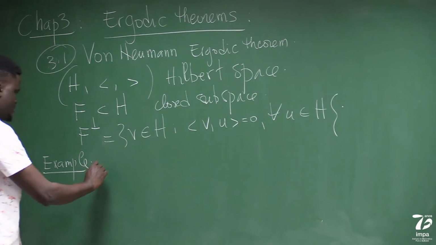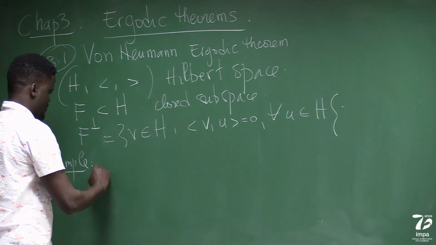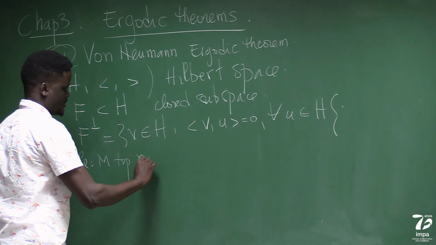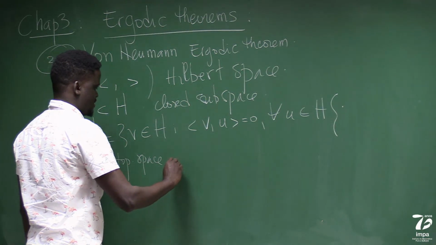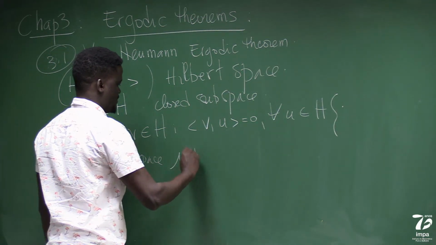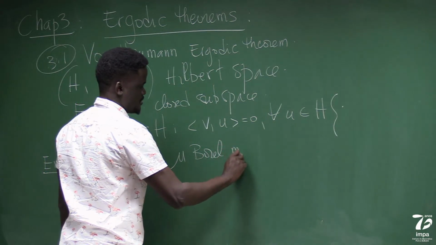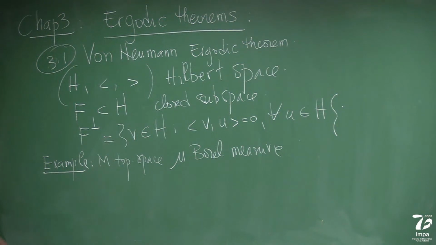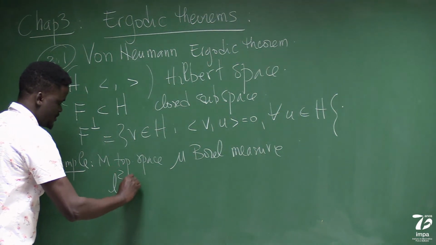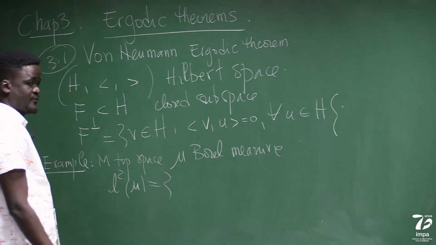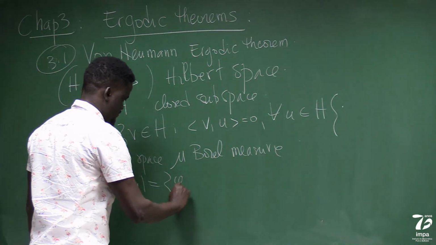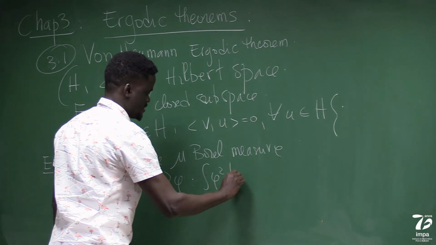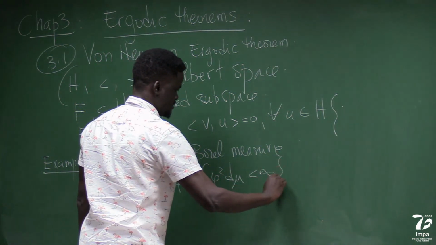The L2 space. So we have M, a topological space, and we had mu, a Borel measure. You define L2 of mu as the set of functions that are square integrable, so phi such that the integral of phi squared d mu is finite.